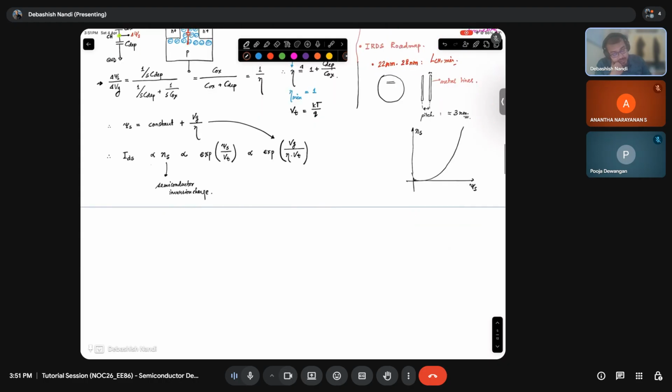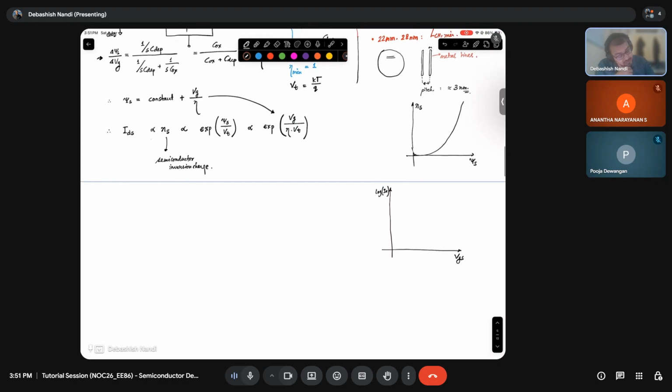Now, in subthreshold, what is the definition of a threshold voltage? Let's say log ID, and this is VGS. So what is the definition of threshold voltage?